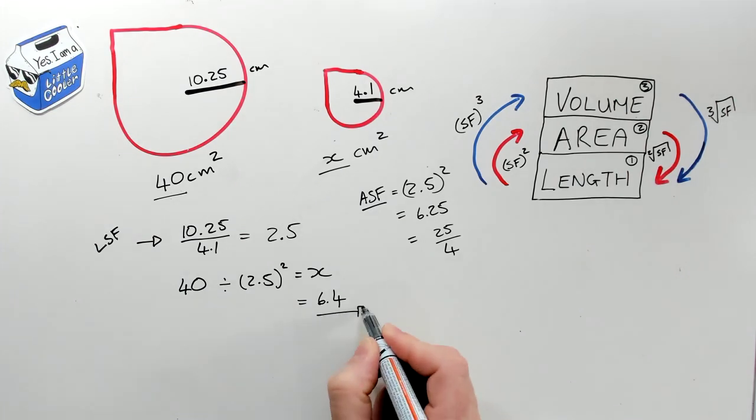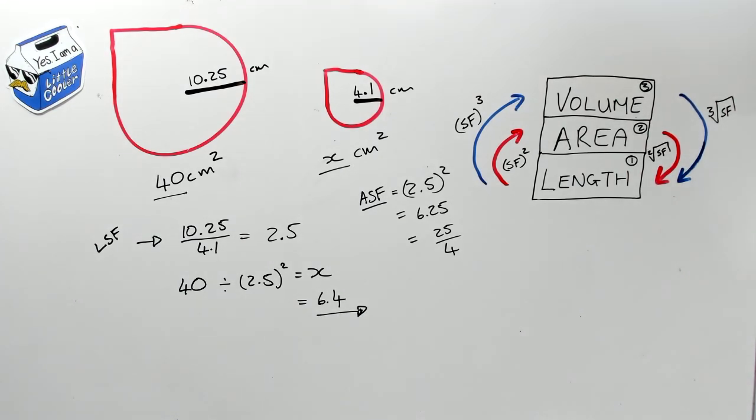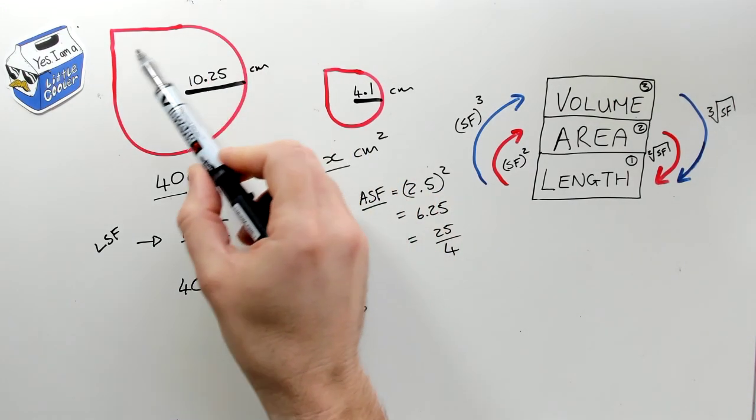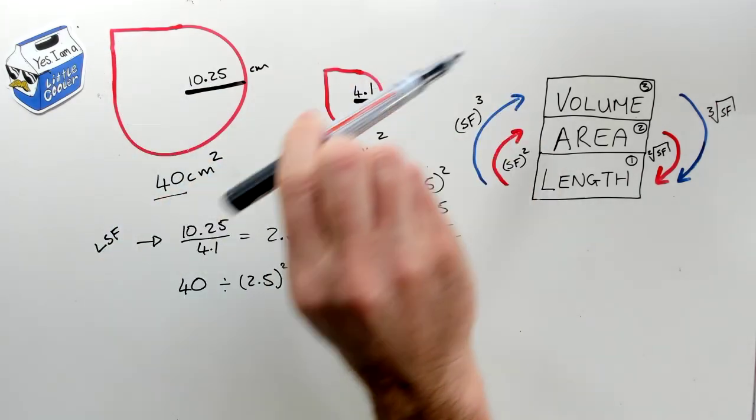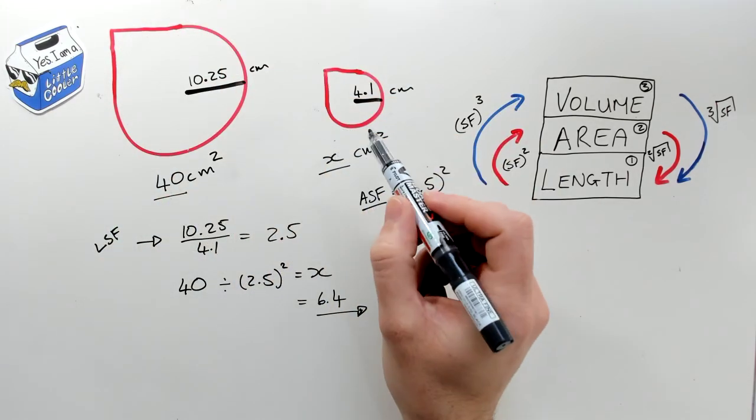So that's fairly straightforward. Let's just continue on this. Let's say these are prisms and this is the area, and they're like pipes that go in that direction.